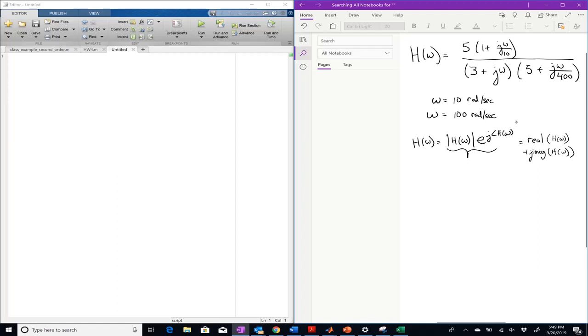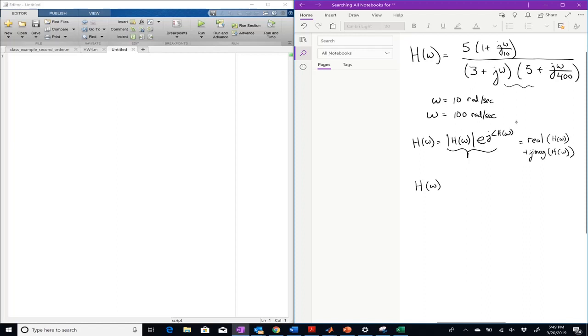All right. So let's take a look at H of omega, and let's expand this guy out a little bit. I think what you guys tend to do is you want to multiply these guys out. That makes this thing really ugly.